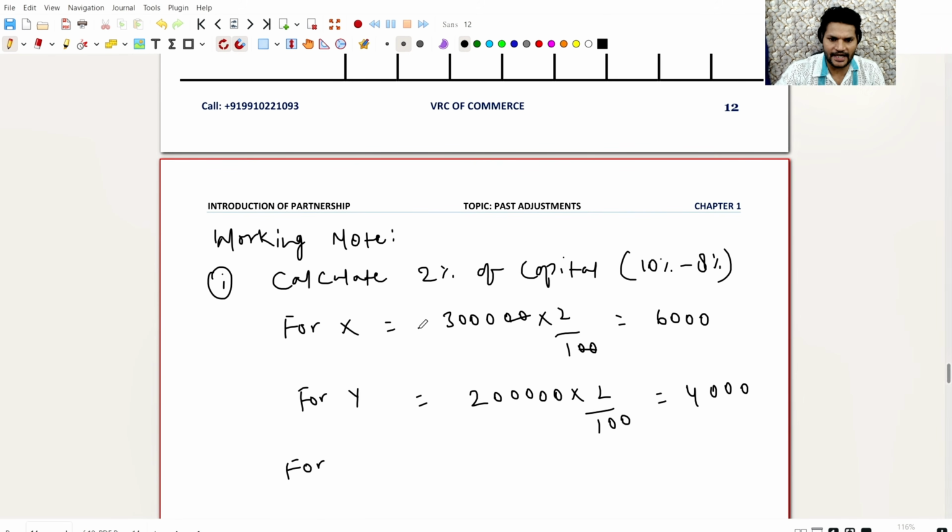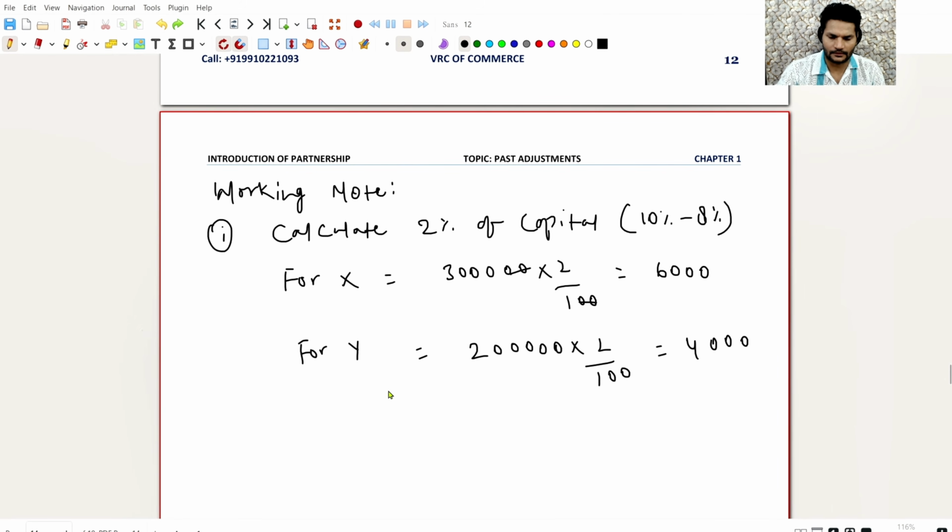And for Z, that is 1 lakh, 2% of 1 lakh.